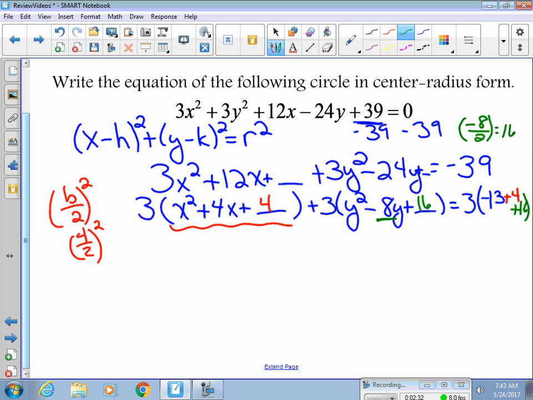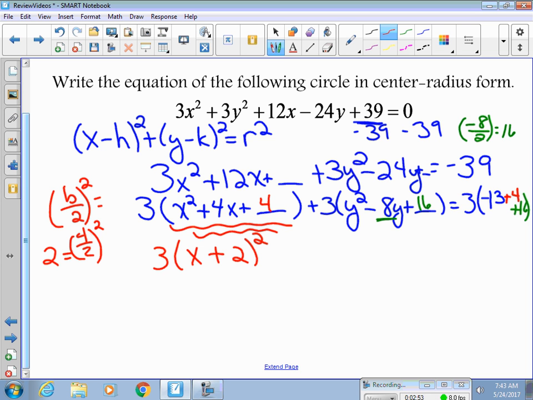So there's my 16. Now what we are going to do is rewrite this portion here as a perfect square. So I'm going to keep my 3, and this is going to be x plus 2, squared. It always becomes whatever this is when you divide it by 2.